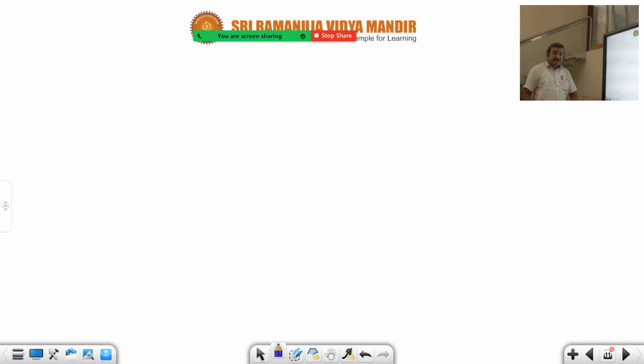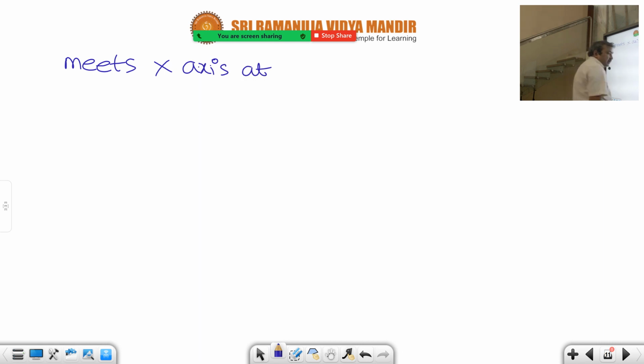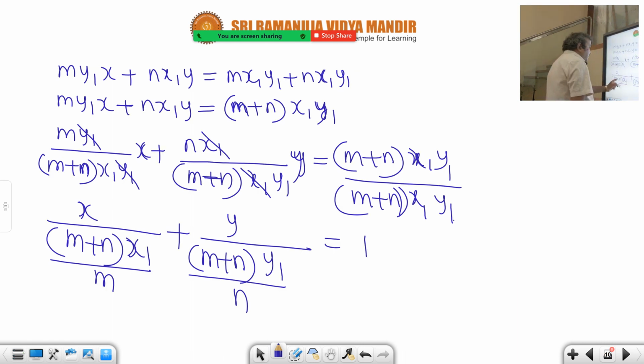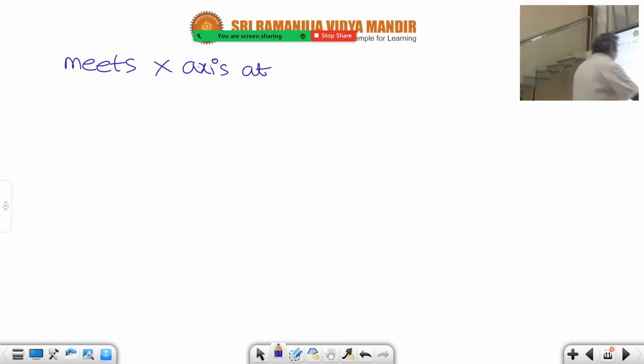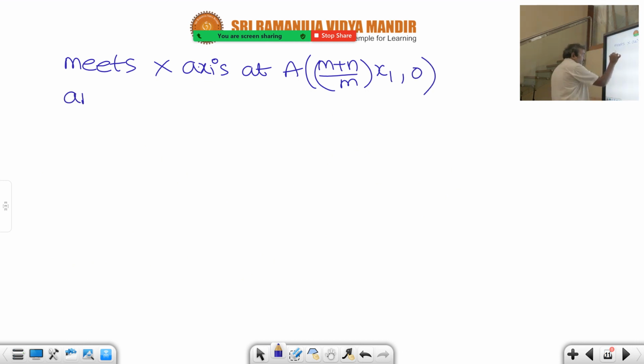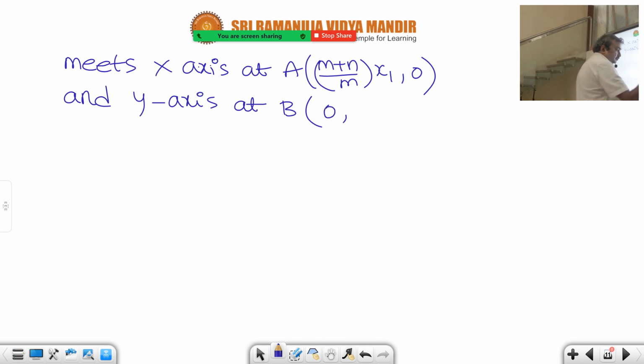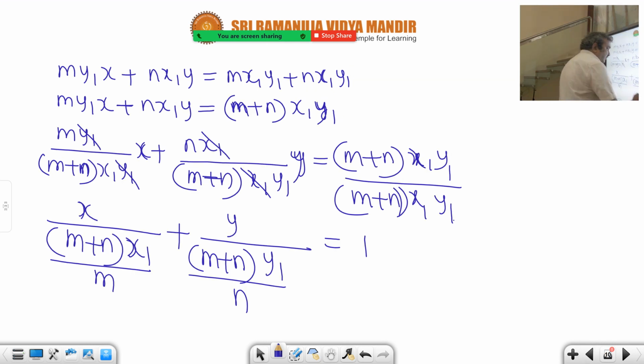See, the tangent meets the x-axis at A and the y-axis at B. Here, at A it is m plus n into x1 by m, and on the y-axis at B it is 0 comma m plus n into y1 by n.